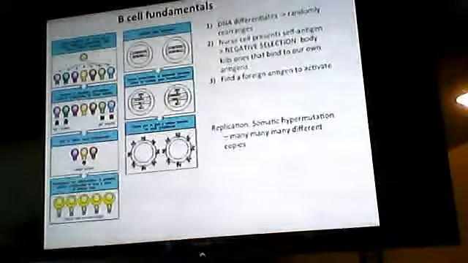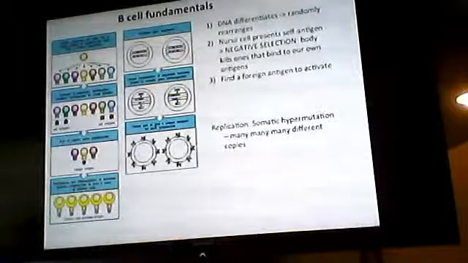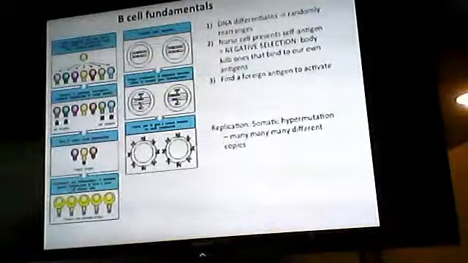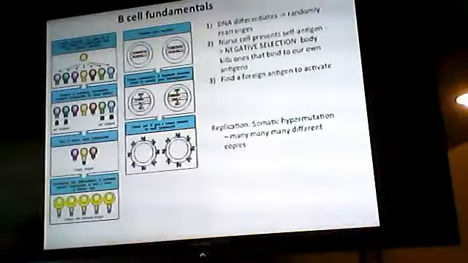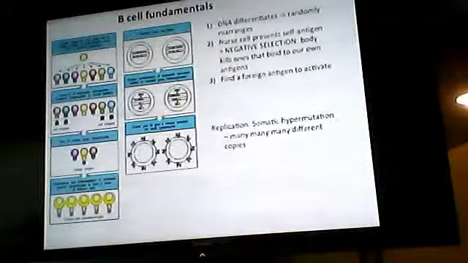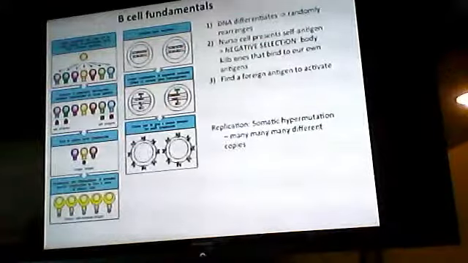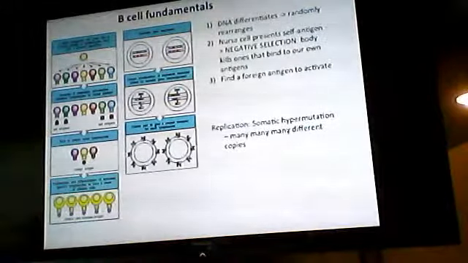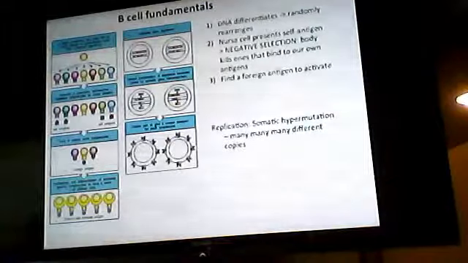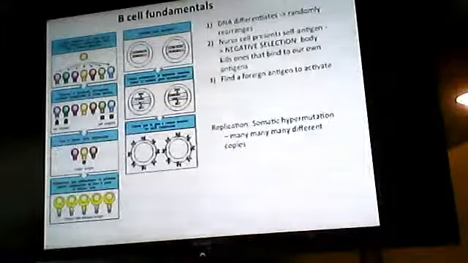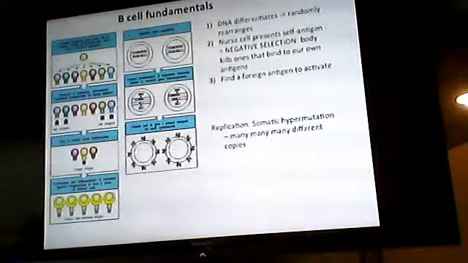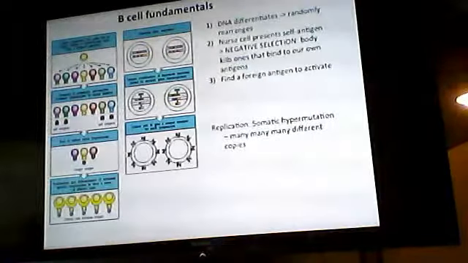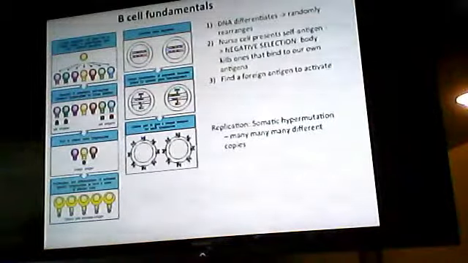What happens is a nurse cell will present an antigen to the antibody that's forming, okay? If it reacts to a self-antigen, you kill it off immediately, and that's called negative selection. You want to prevent anything that reacts to yourself from getting out into the bloodstream where it can react, okay?